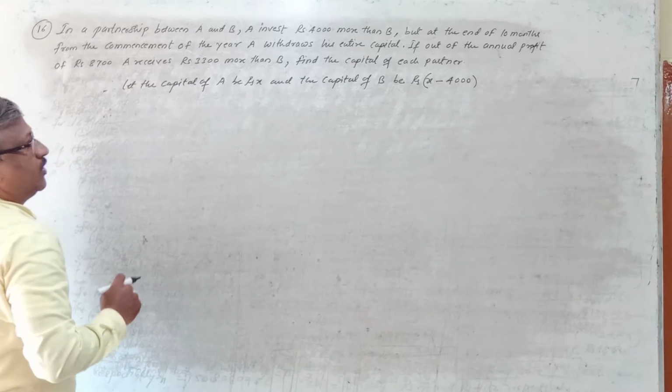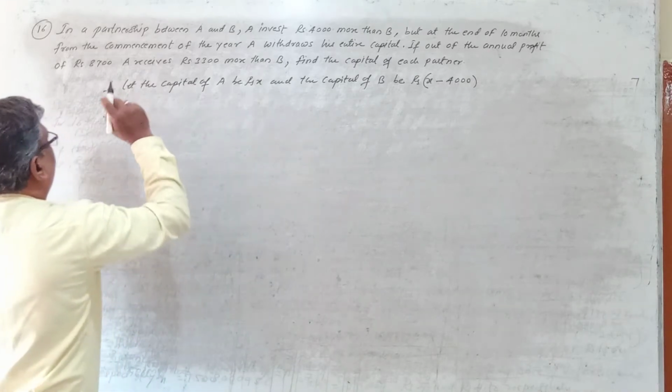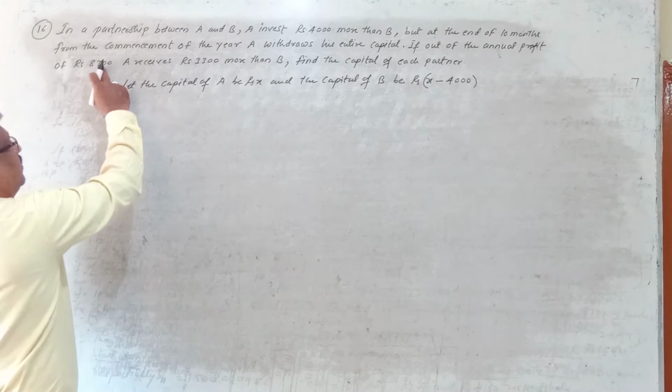Now we have to find out the share of profit. What is the total share of A and B? We know the total profit is 8,700.